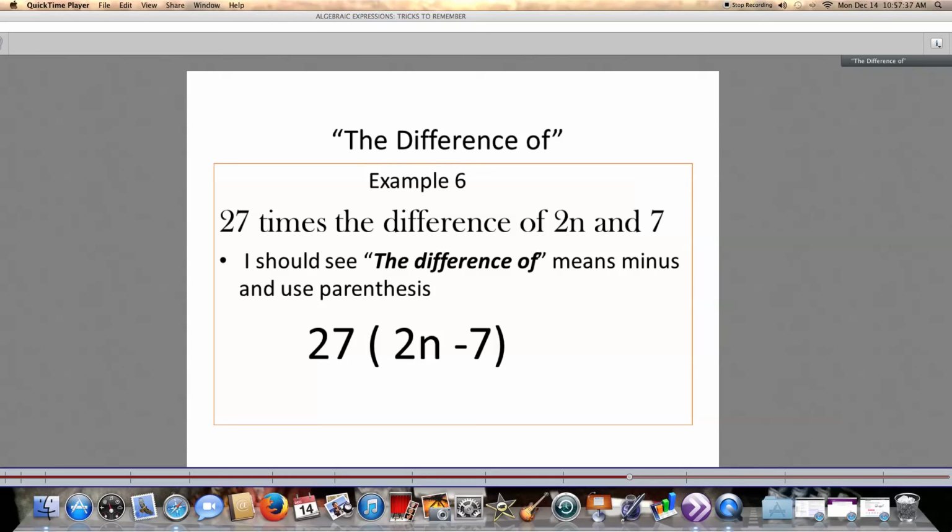Now you could put a times symbol in there, but you know that if you just write the parentheses, that automatically means times. So you have 27 times the difference of 2n and 7. Some people might see that word and think plus, but not when you have the difference of. It's really just saying the difference of these two numbers, 2n and 7.